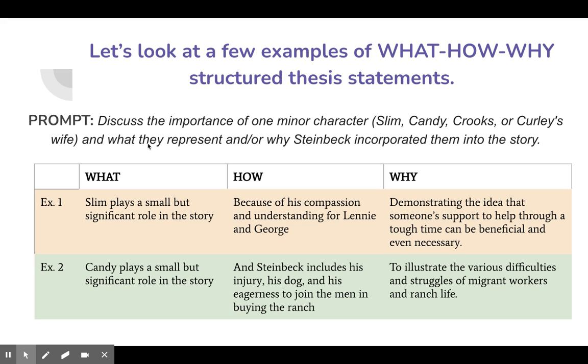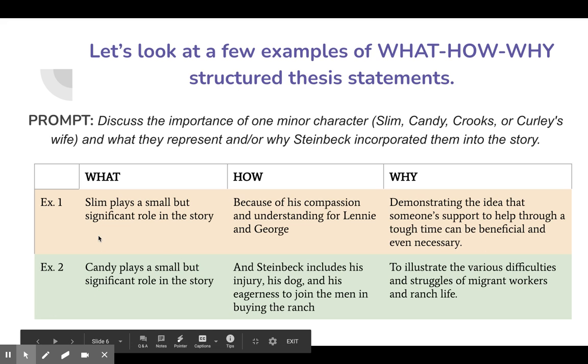So we say that he plays a small but significant role. That's answering the prompt. How do we see that? Because of his compassion and understanding for Lennie and George. Why did Steinbeck incorporate Slim in the story? To demonstrate the idea that someone's support or help through a tough time can be beneficial and even necessary.